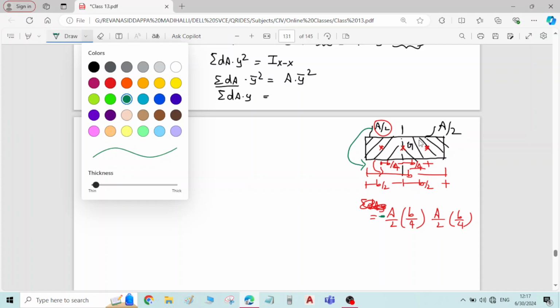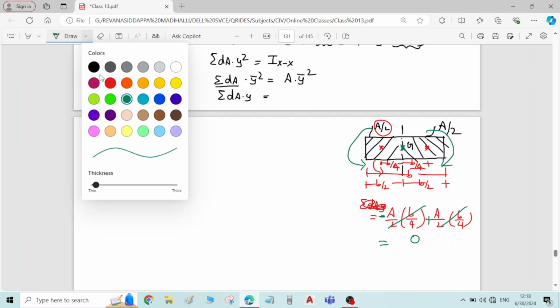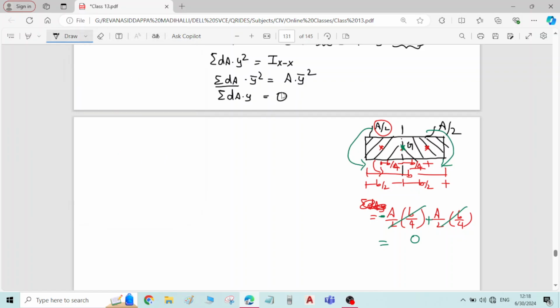Assume that it is the mass of a rectangular body, and this mass will try to rotate in the clockwise direction about this point G. Therefore the sign will be plus. If you find the final answer, it will be 0 only. This is how the sum of moments of areas about the centroid is 0. Therefore we can directly take sigma dA into y as 0.